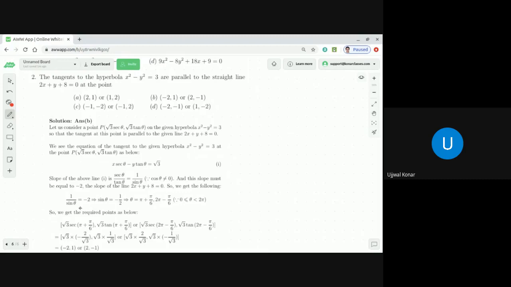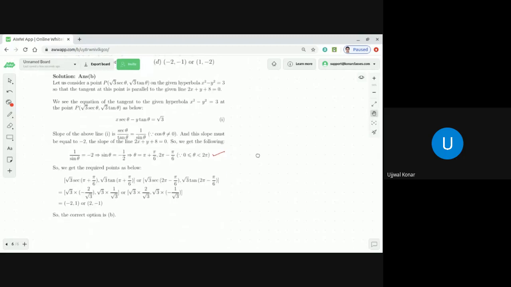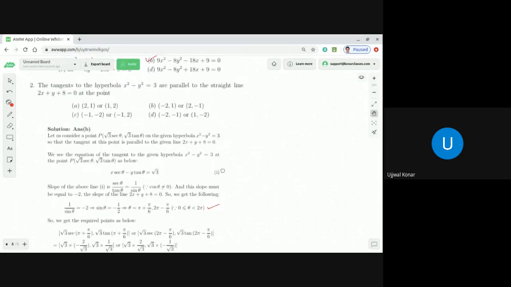So 1 by sin theta equal to minus 2, that means sin theta equal to minus half, that means theta equal to pi plus pi by 6 or 2 pi minus pi by 6, because we are in the range 0 to 2 pi. So we get the required points, the coordinates as minus 2 comma 1 or 2 comma minus 1. Got it? And hence we get option B as the correct one.